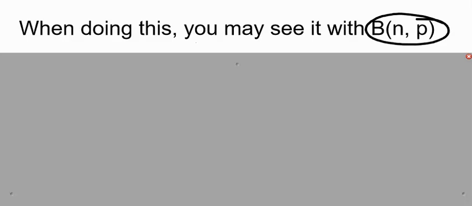You could see it throughout the activities written the way that's circled here in black, the B meaning binomial distribution, and then this with N and P. We'll talk about that in a few seconds right below this.